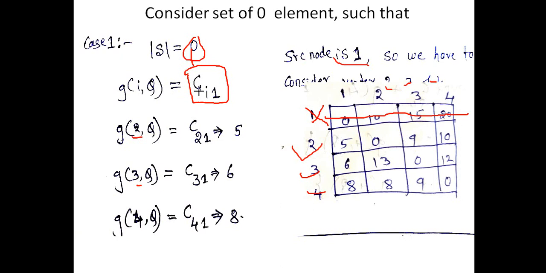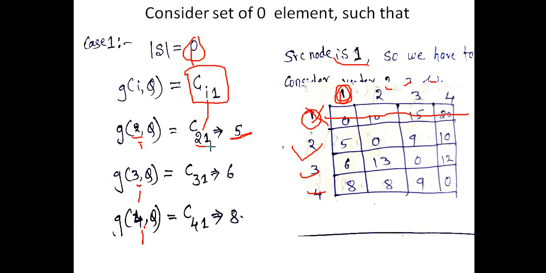So 2 comma phi, 3 comma phi, 4 comma phi. So how to write this? I comma phi is C of I1, 2 comma phi is C of 2,1. What is the I value here? 2. This 1 is fixed. Why is 1 fixed? Because source vertex is 1, so we have to consider first column, so that's why it is fixed, no change.